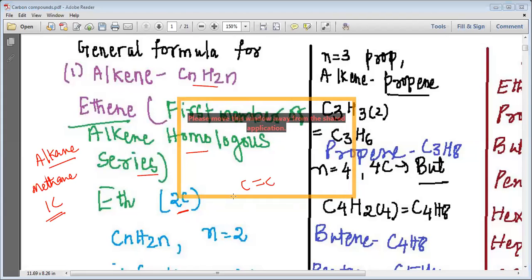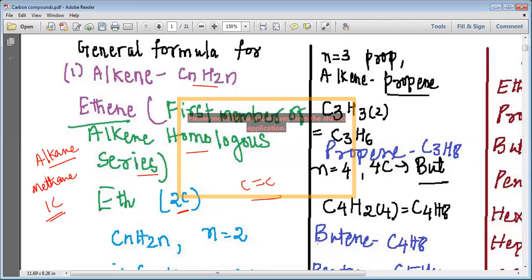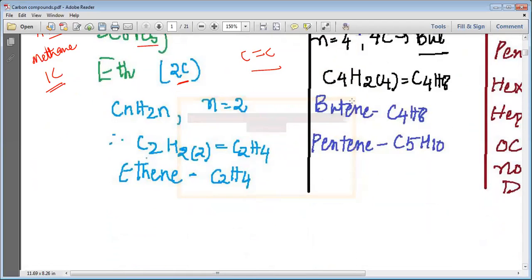So at least one carbon double bond carbon is needed to remain present, and as this is needed, my dear students, the first member of alkene has two carbons. You can see that when you have two carbons, the general formula is CnH2n.